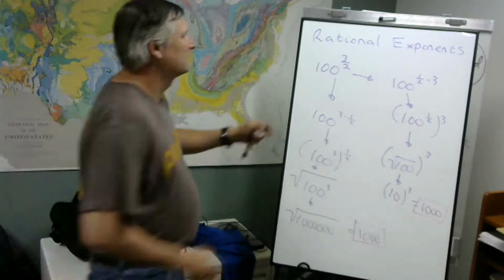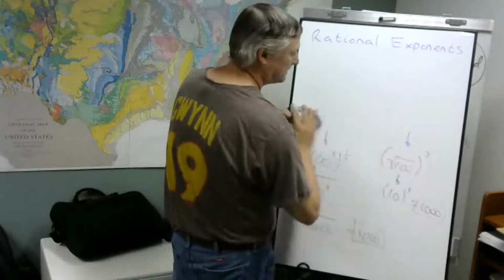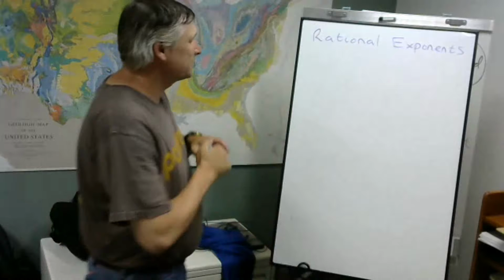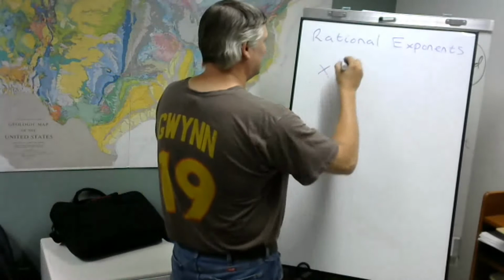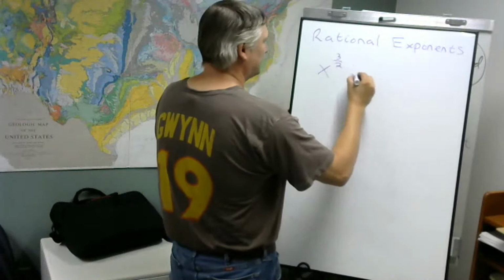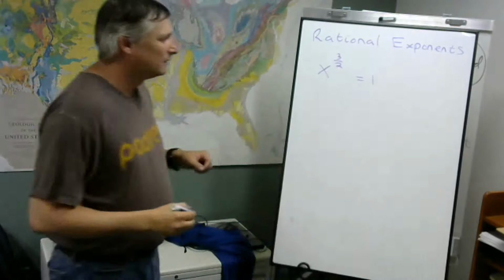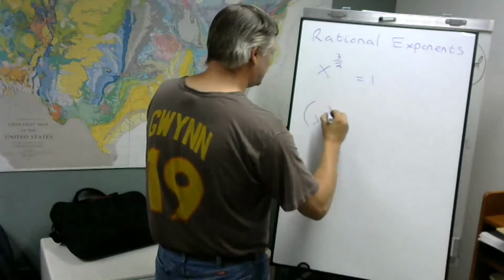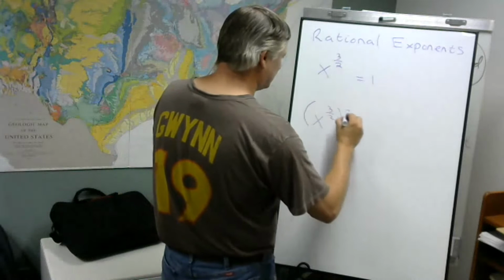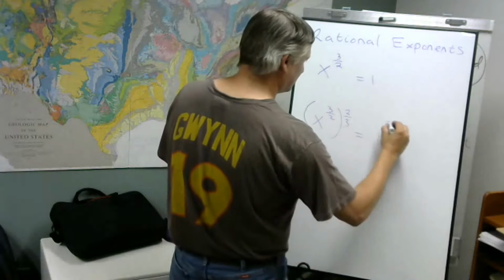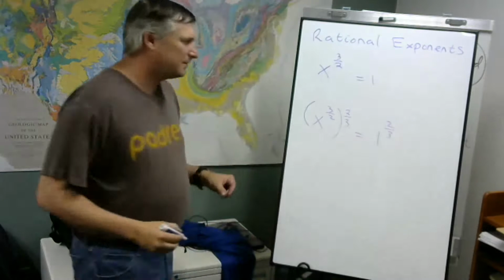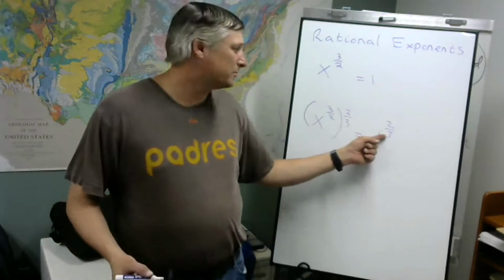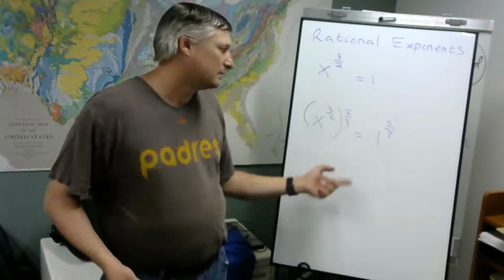Now, what we're going to be doing is canceling rational exponents. So for example, let's say x to the 3/2 is equal to 1. Well, the way we can make this cancel is raise both sides to the 2/3. Now, in this case, we're talking an odd denominator, so we're taking a cube root and we're squaring it. I mean, it's 1.